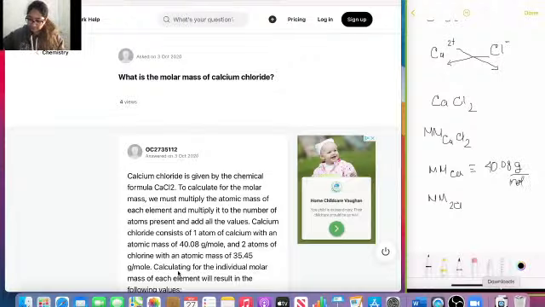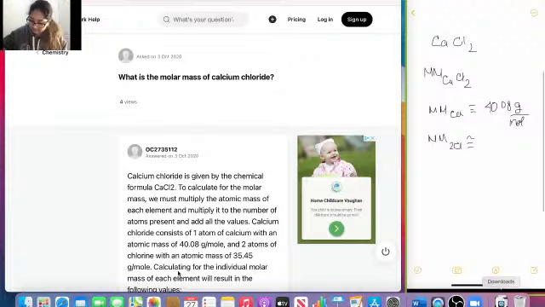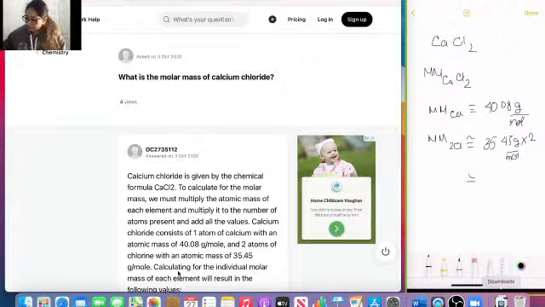This is given in the periodic table. The molar mass of one chlorine atom is 35.45 grams per mole, but we have 2 here, so you multiply this by 2, and you get 70.90 grams per mole.